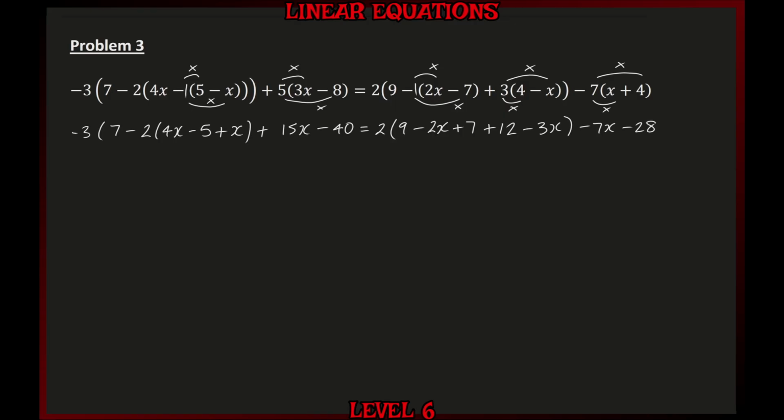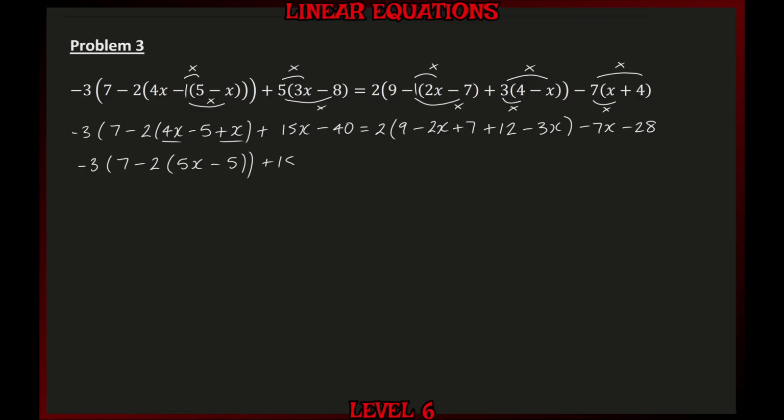What we can now do is tidy up each of those brackets by collecting like terms together and simplifying. So we have minus 3 multiplied by 7 minus 2 times, and in that bracket we can collect together the 4x and the plus x to give us 5x, and we still have a minus 5 at the end.